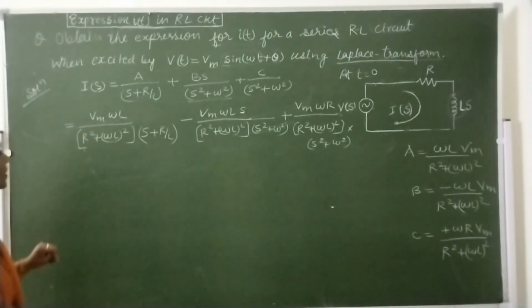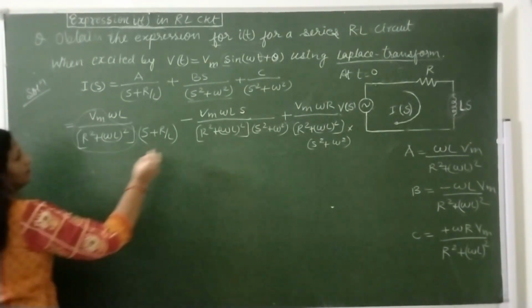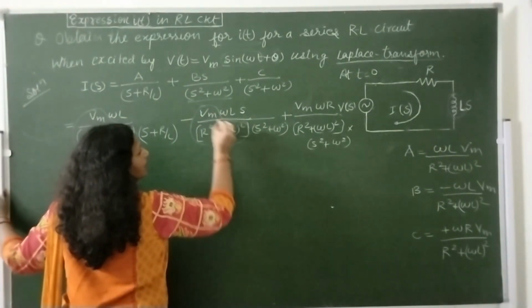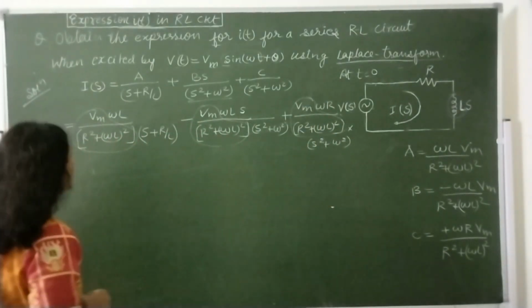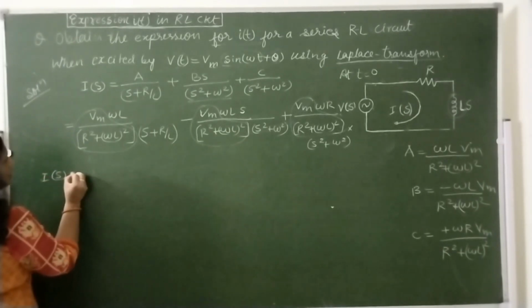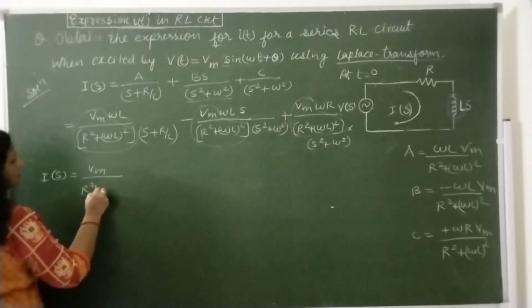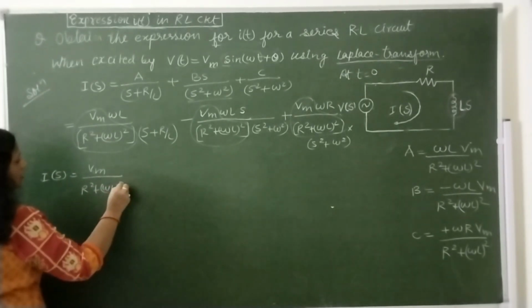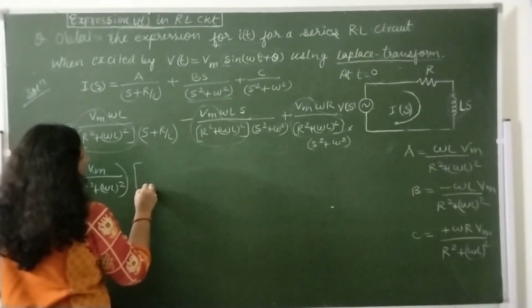Okay, now we can take this Vm divided by R square plus omega L whole square as common, to simplify the equation. So take this as common from every term.